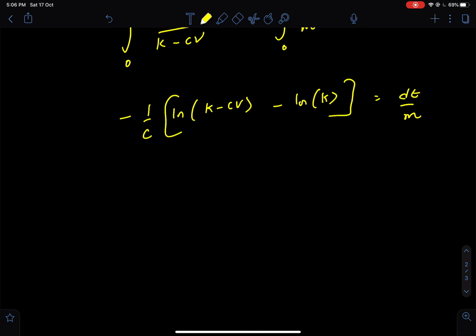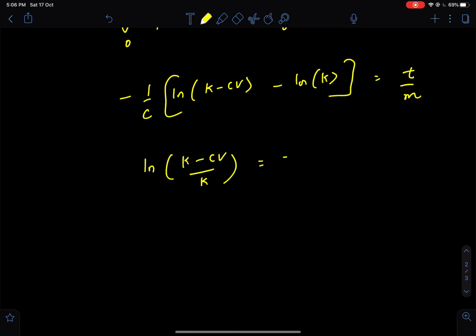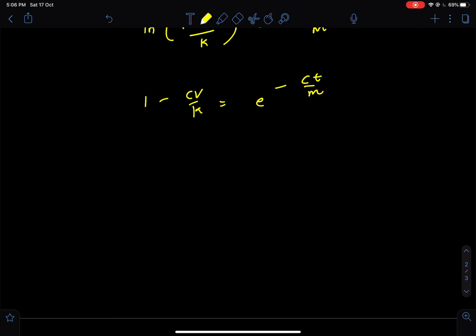And so we get ln of (k minus cv) by k equal to minus ct by m. So 1 minus cv by k is equal to e raised to minus ct by m, or v is equal to k by c times (1 minus e raised to minus ct by m).